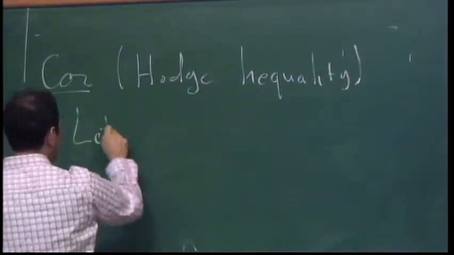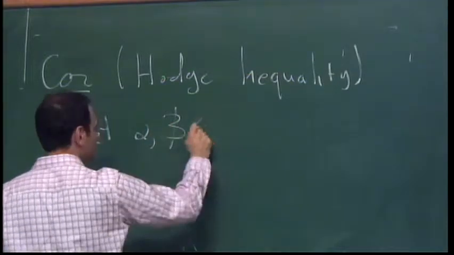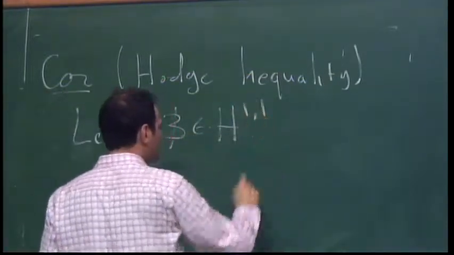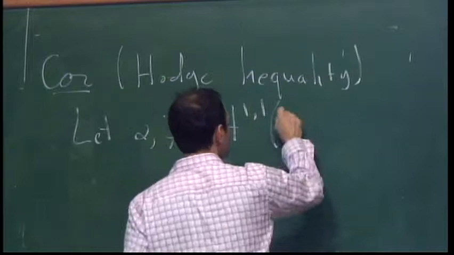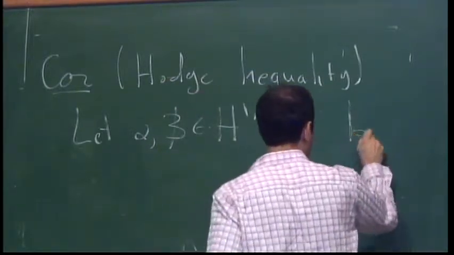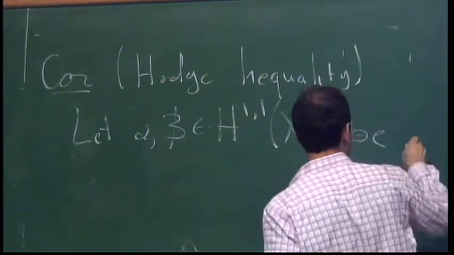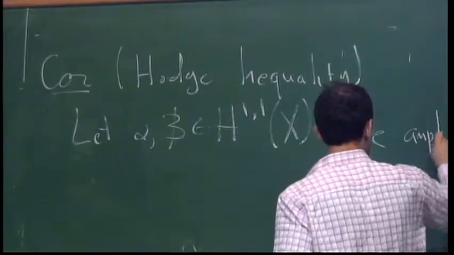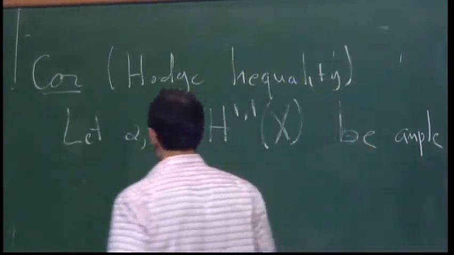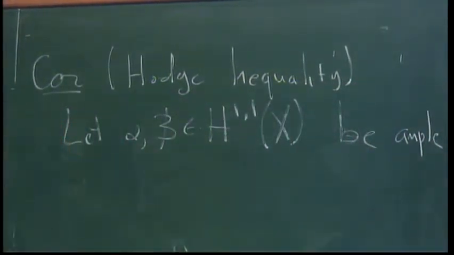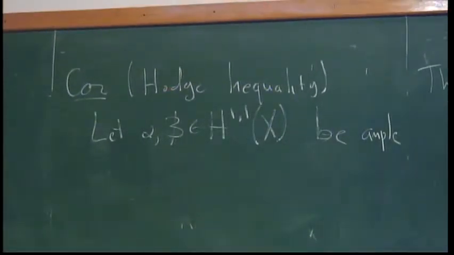So we're going to let alpha and beta in H11 be ample classes. So that means those are classes whose some power of which comes from pulling back a hyperplane.